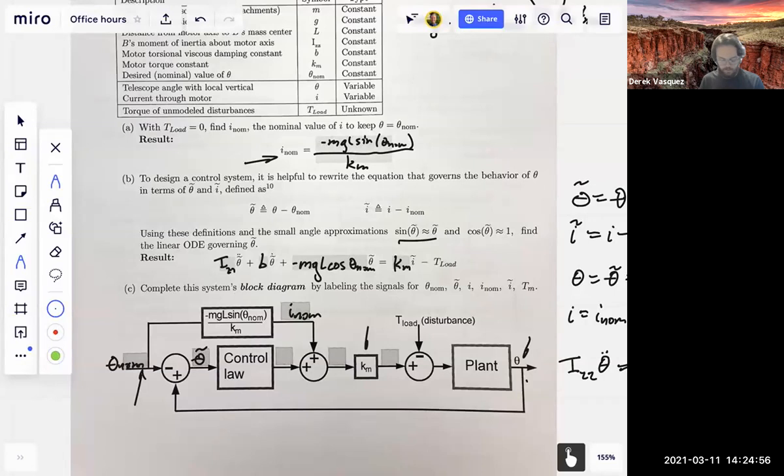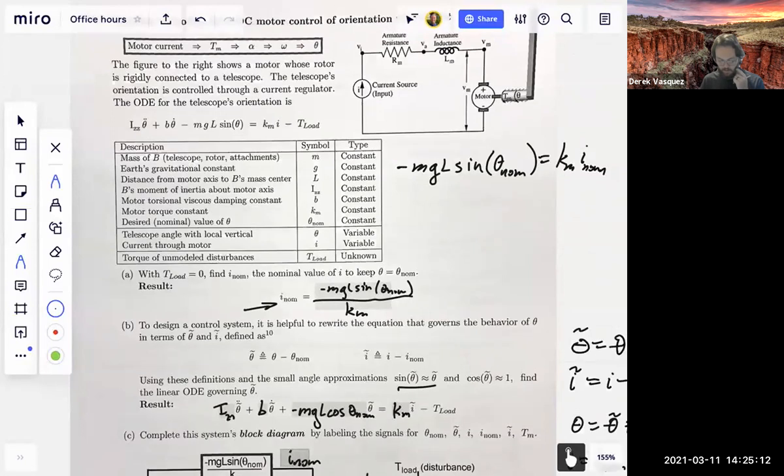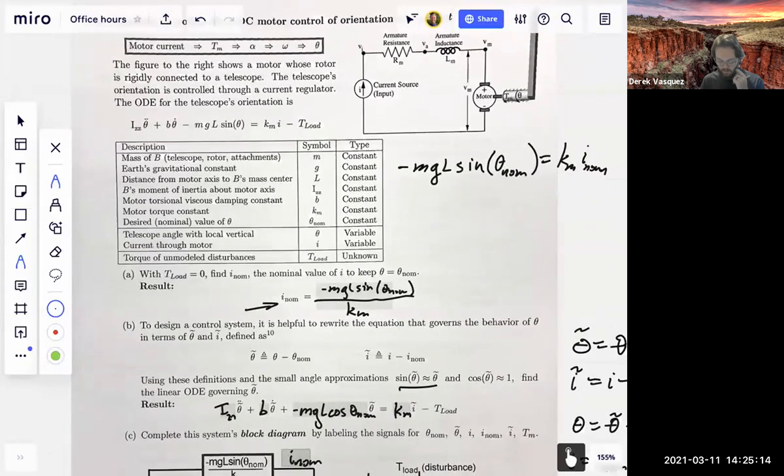So let's go back down below here. Theta tilde comes into our control law and something comes out. What is our control law here?